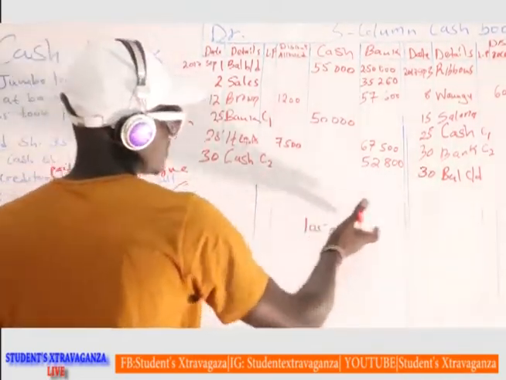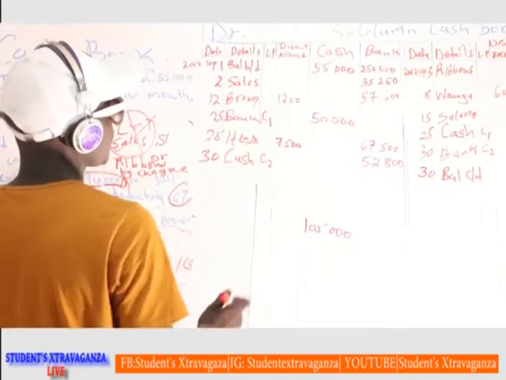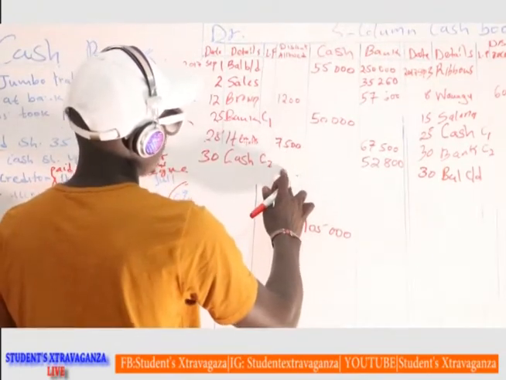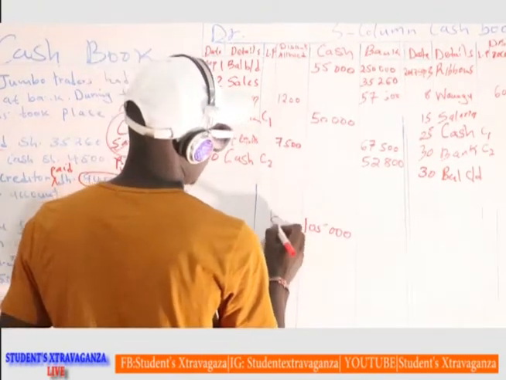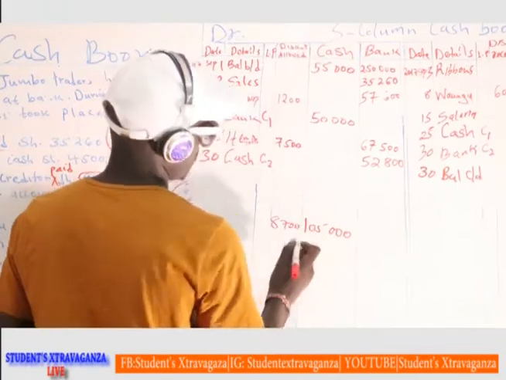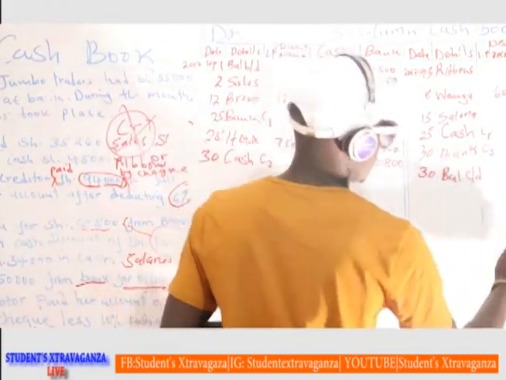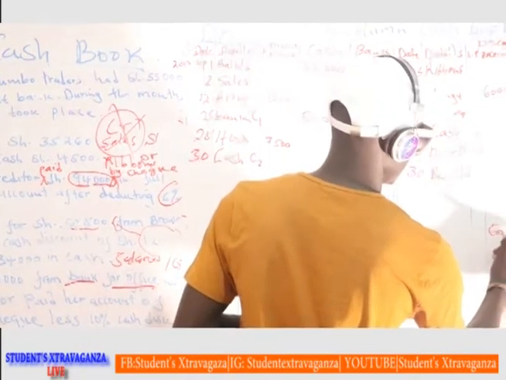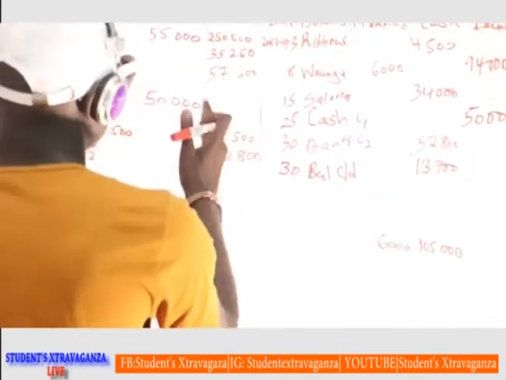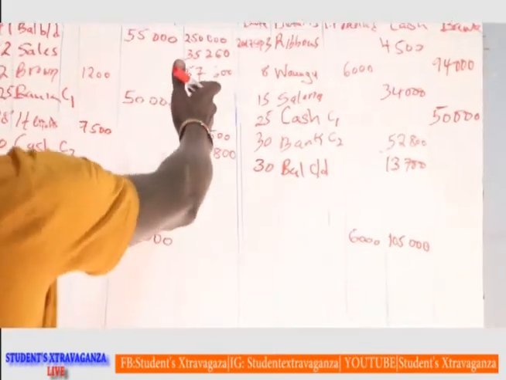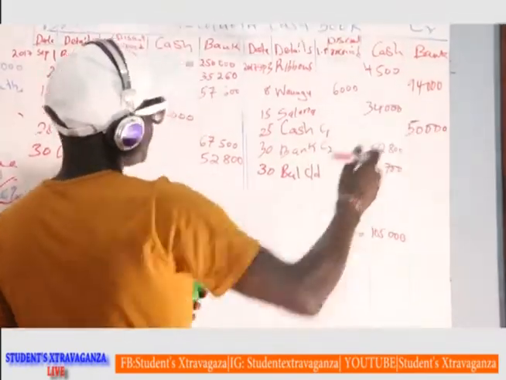We are still on the same line. This one, the discount allowed is 8,700. Discount received is 6,000. Same line. Let's now go and check the bank account. We compare this with that.